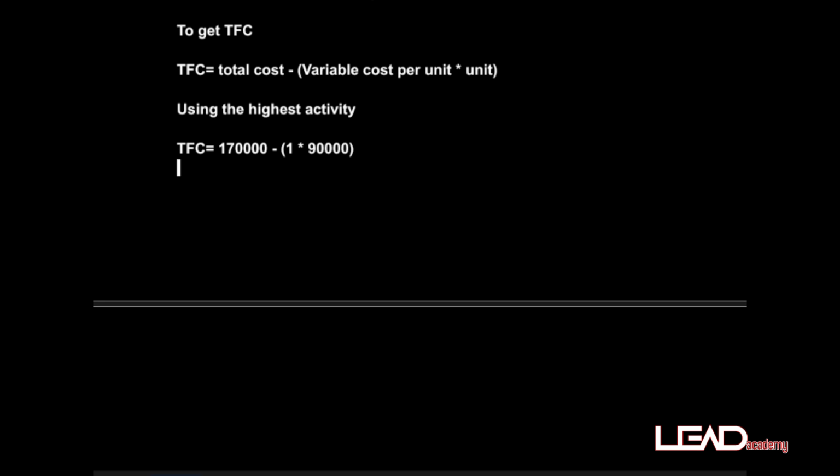If you multiply 1 times 90,000 units, you still have 90,000. Subtract that from $170,000, the total cost, and you have $80,000 as your total fixed cost.